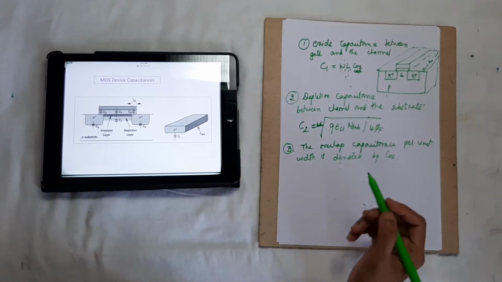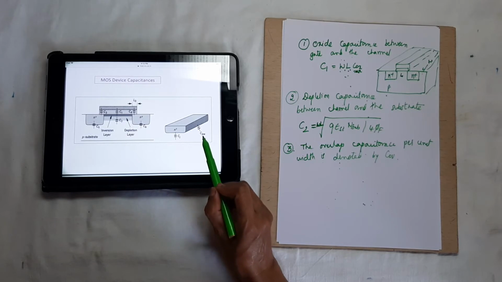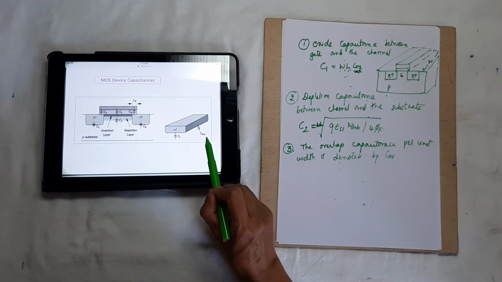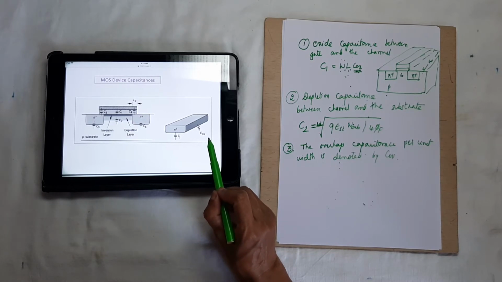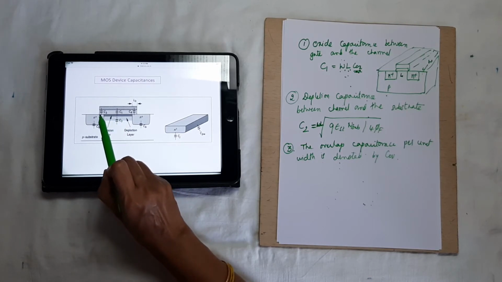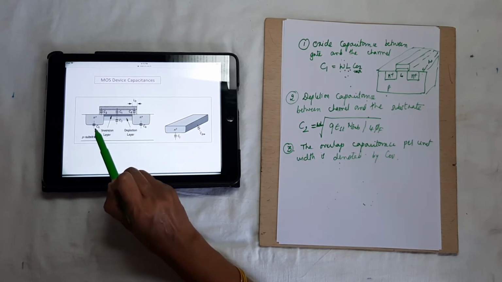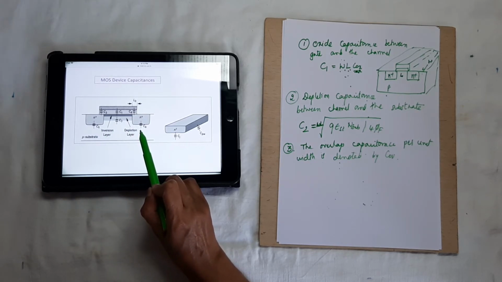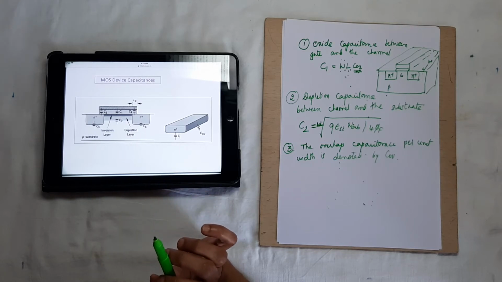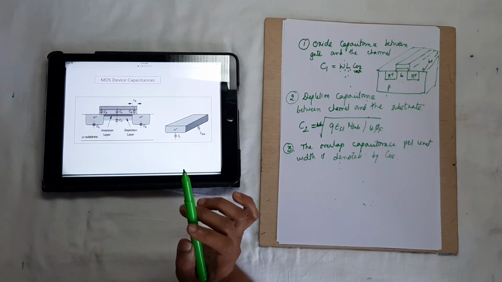Cj is a capacitance per unit area and CjSW is per unit length. This is the bottom plate capacitance and this is the sidewall capacitance. In summary, C1 is the oxide capacitance, C2 is the depletion capacitance, C3 and C4 are the overlap capacitances, C5 and C6 are the junction capacitances. So these are the MOS device capacitances.